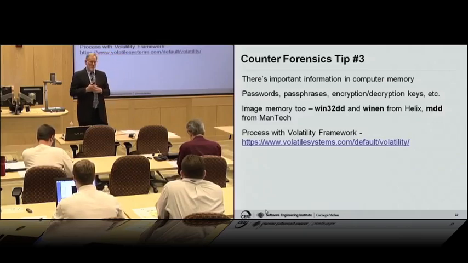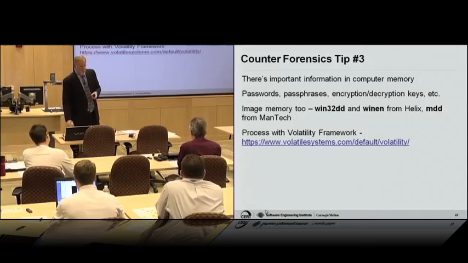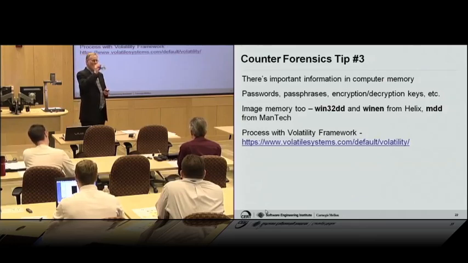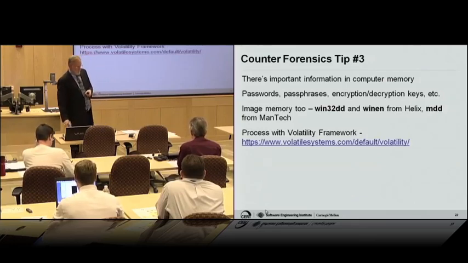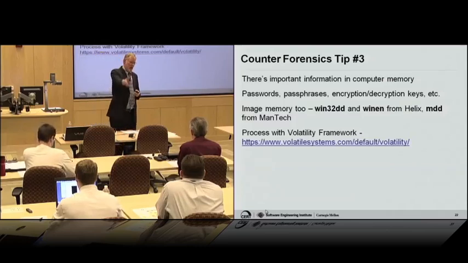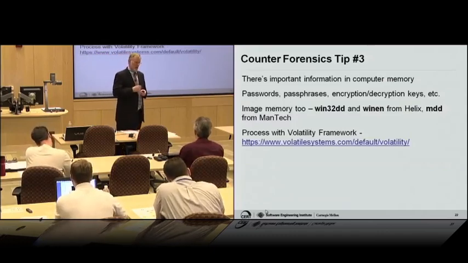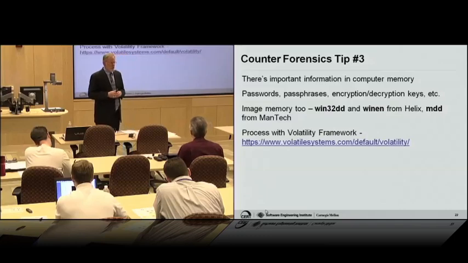Now, the other place where the Volatility Framework and those kinds of tools can be beneficial is in rootkits. Anybody know what a rootkit is? What is one of the functions of a rootkit? Hiding itself, among other things. So if you go to a task manager under Windows and say, tell me everything that's running, somebody's snickering in the background saying, I've only told you the things I want you to see, not the things I don't want you to see.